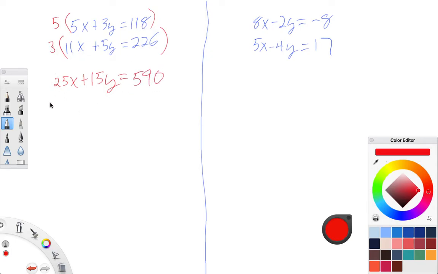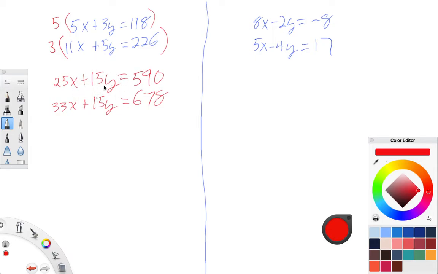And for my bottom one, I have 33x plus 15y, and that's going to equal 678.